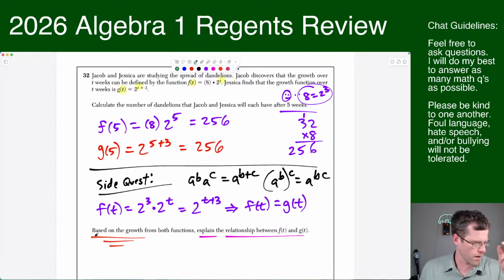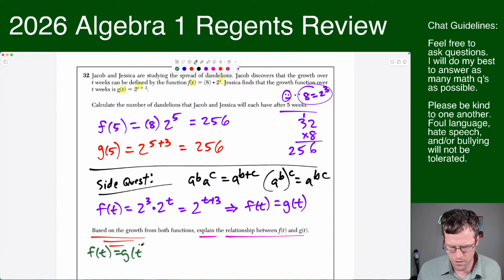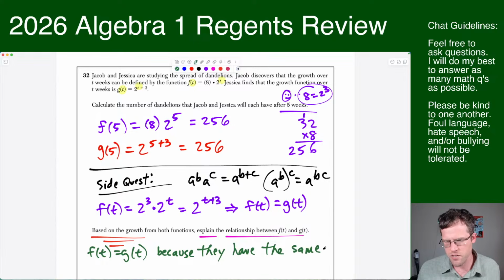So here, I would just say f of t equals g of t because they have the same exponential growth rate, because doubling each week is exponential.